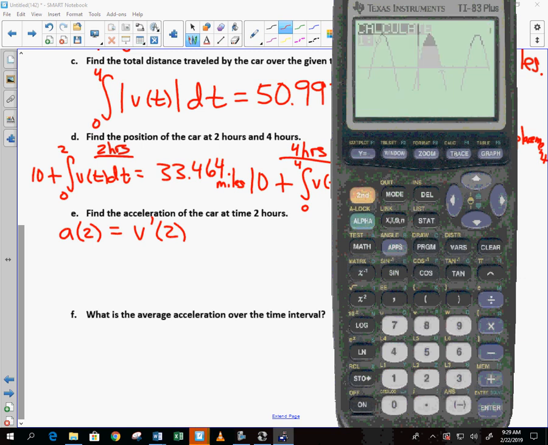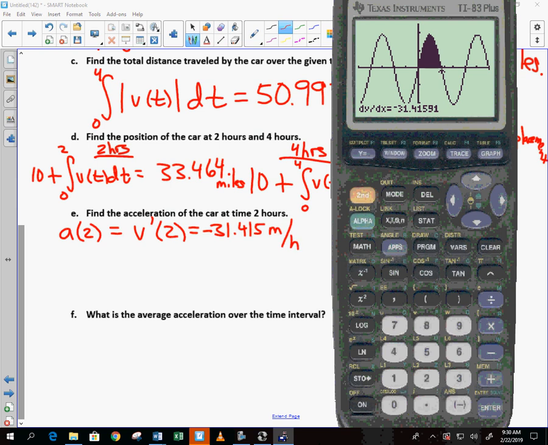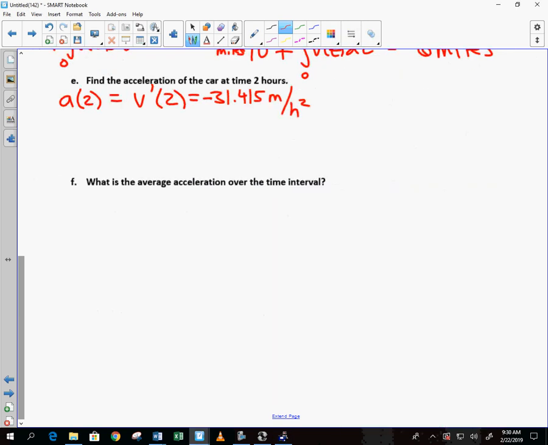I go second, calculate, number 6, and I select time 2. -31.415 miles per hour squared. Acceleration has a squared piece. Is that clear, folks? Because we're going to come back to that many, many times. This is one way for acceleration.